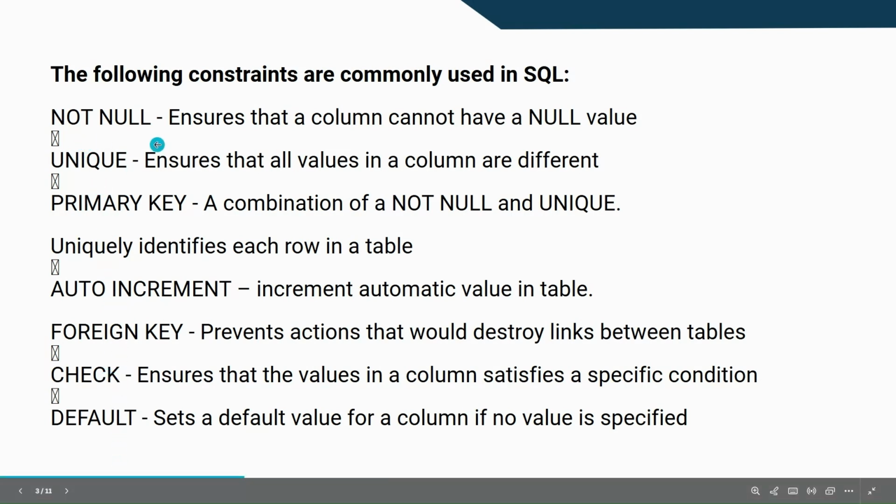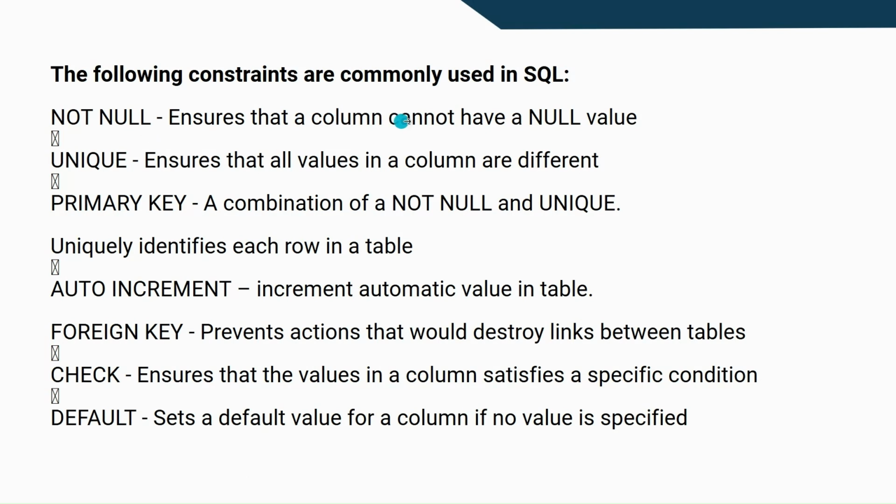So, what is not null? Not null ensures that a column cannot have null values. Then unique ensures that all the values in a column are different. Then we have the primary key, a combination of not null and unique, which uniquely identifies each row in a table.